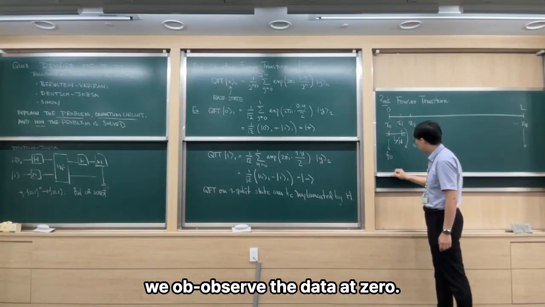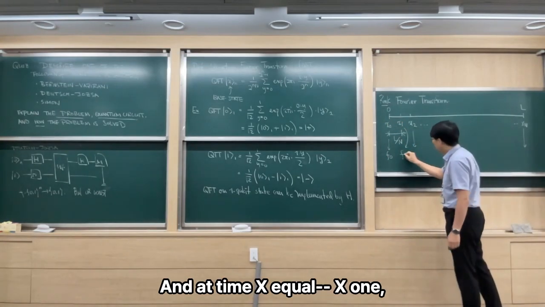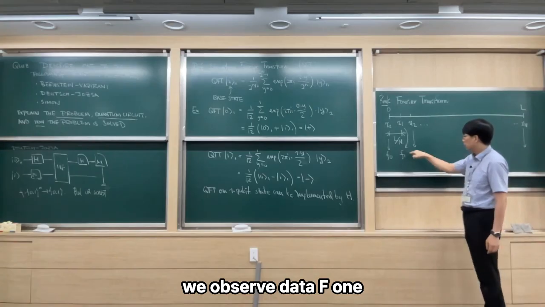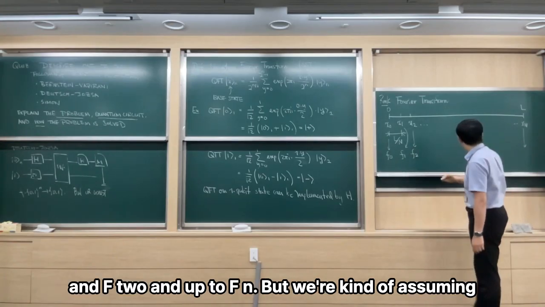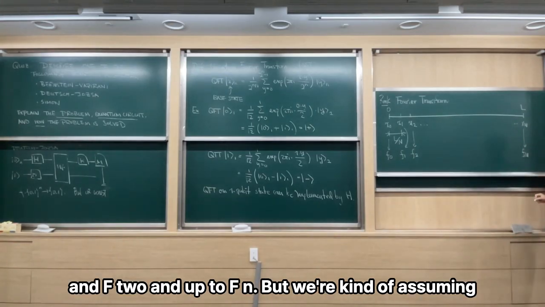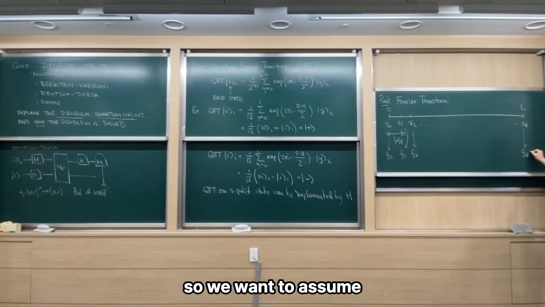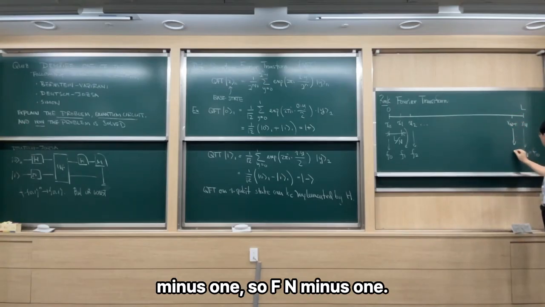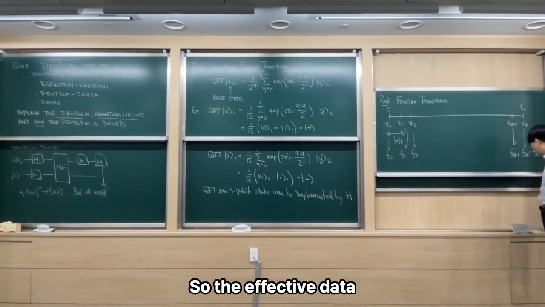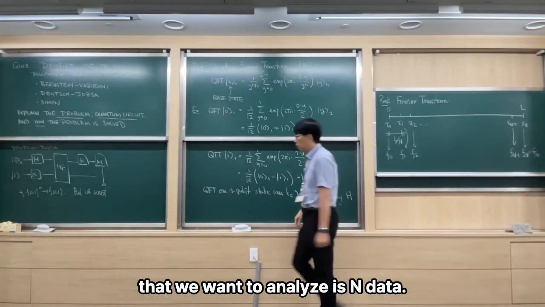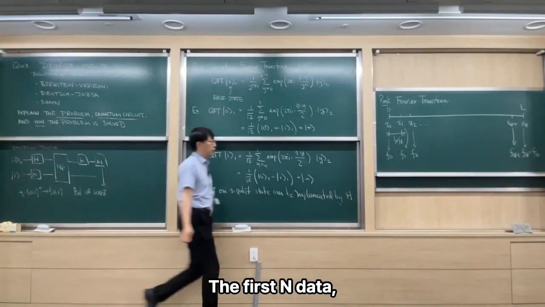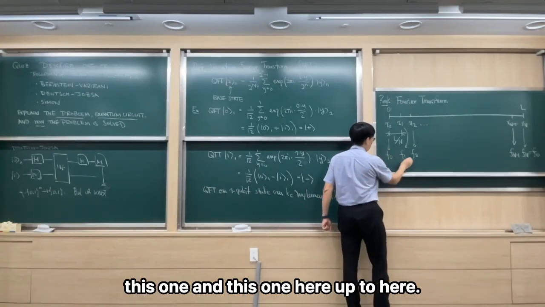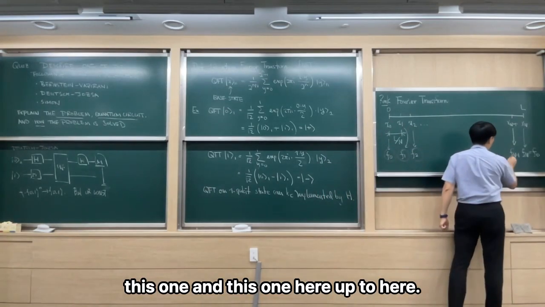We observe the data f0, and at time x1, we observe data f1 and f2 and up to fn. But we're assuming that this is periodic, so we want to assume that this is originally back to the first data. So we only want to observe up to n minus 1, so fn minus 1. So the effective data that we want to analyze is n data, the first n data. This one, and this one, here up to here, not the last one.